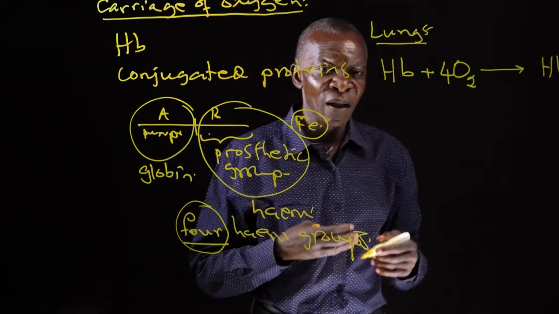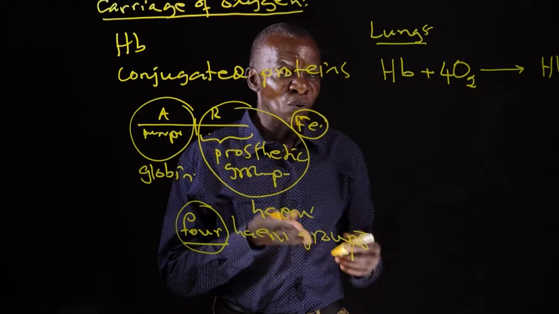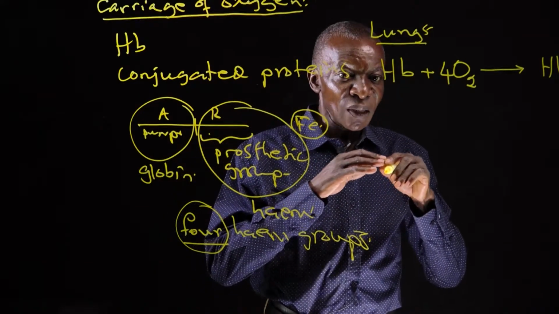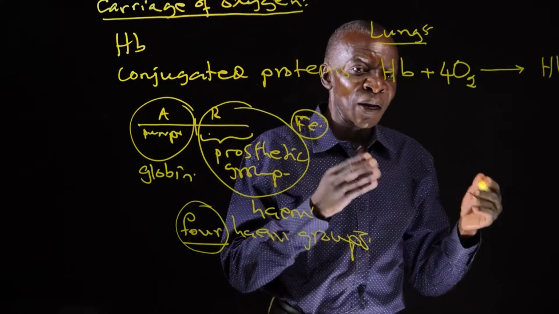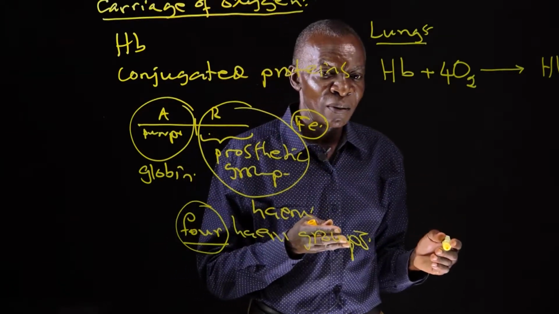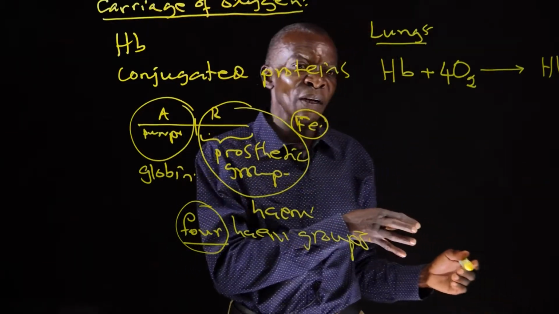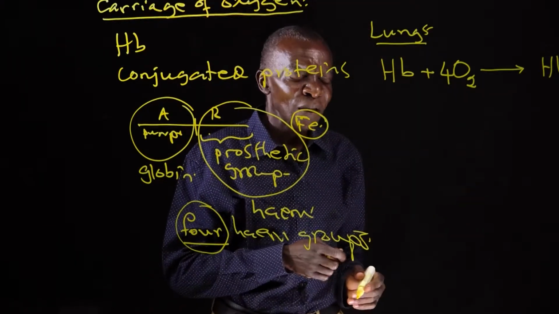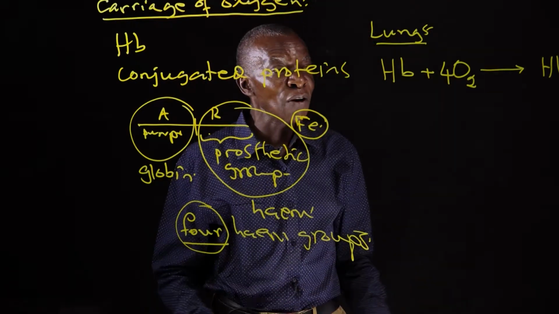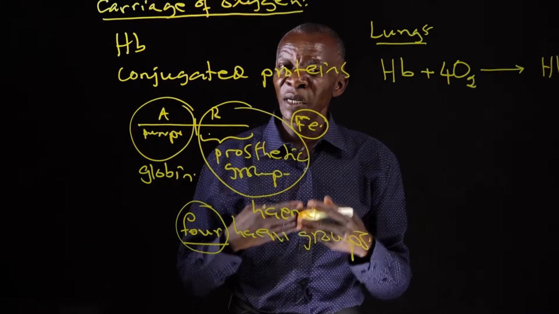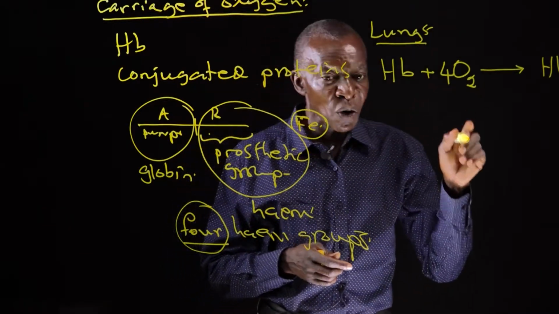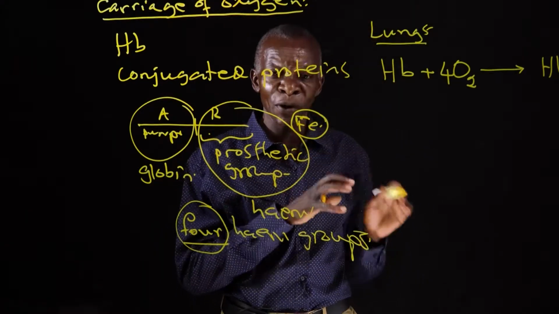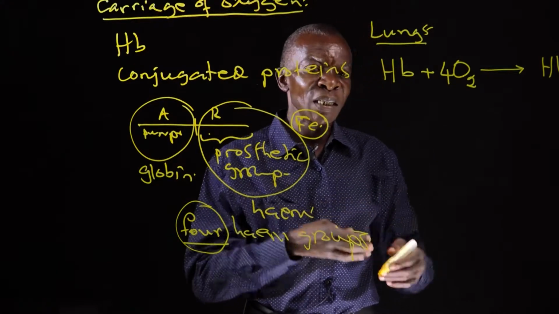So it means hemoglobin's love for either of these 2 gases will depend on how great an amount of the gas is available. The greater the concentration of the gas, the greater the love of hemoglobin for that particular gas. So in the muscles, where the concentration of carbon dioxide is high and the concentration of oxygen is low, oxyhemoglobin dissociates into free hemoglobin and free molecular oxygen, and then it picks up carbon dioxide.